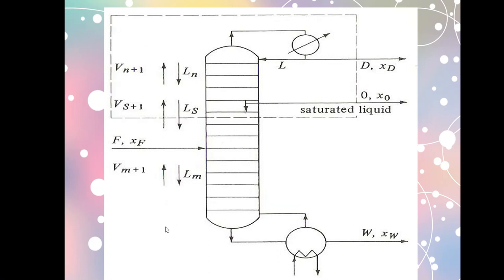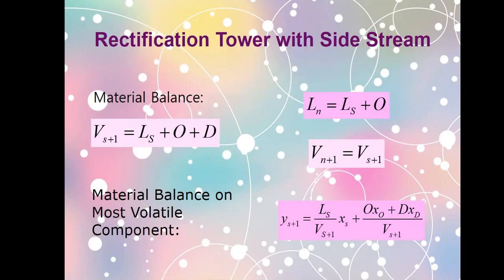But it's not in our coverage for this particular topic, just for your information. In actual industry application, there are fractionating columns which have several side streams depending on the composition of the product that is to be withdrawn.